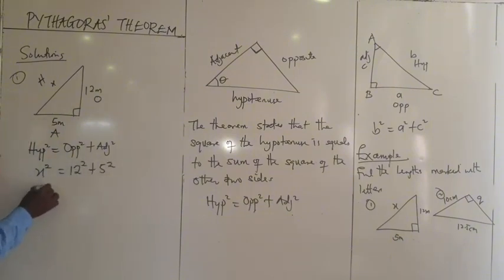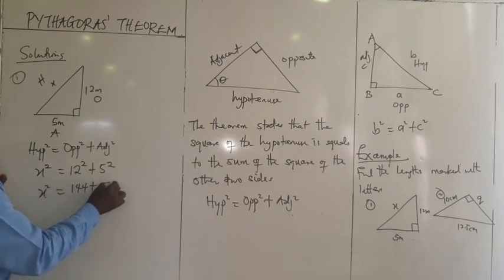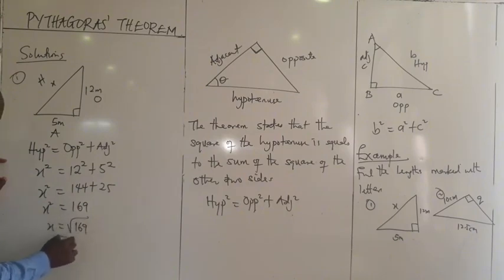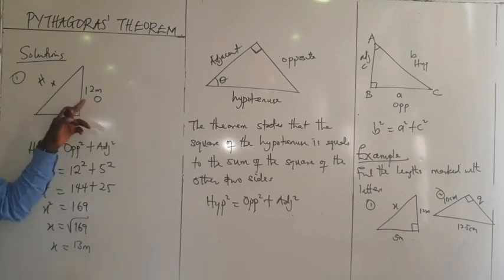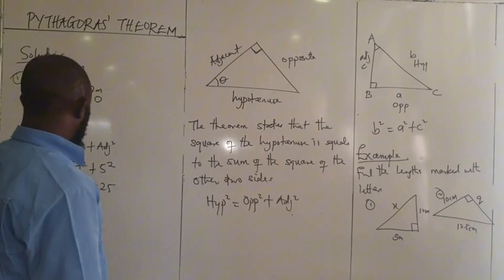So x squared equals 144 plus 25, that is, x squared equals 169. So x equals the square root of 169. Therefore, x equals 13 meters. As you can see, it's longer than the other two sides because it's the longest side and it's the side that is facing angle 90 degrees. I hope that's very clear. So that is that for the first one.